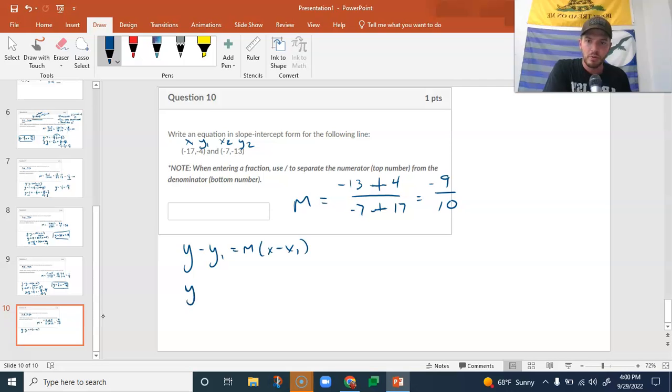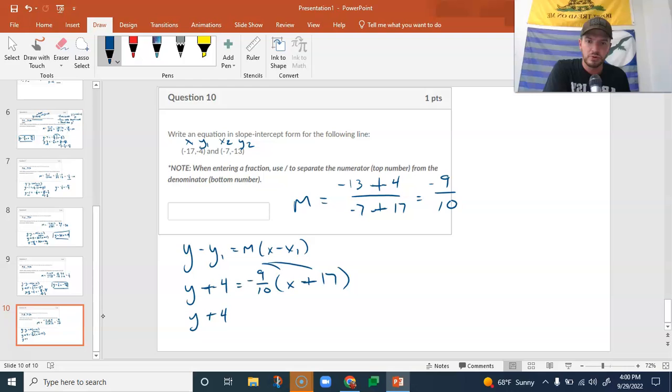Here we go. Y minus negative 4 equals negative 9 over 10 times x minus negative 17. So both of these become plus positives. Distribute your slope.